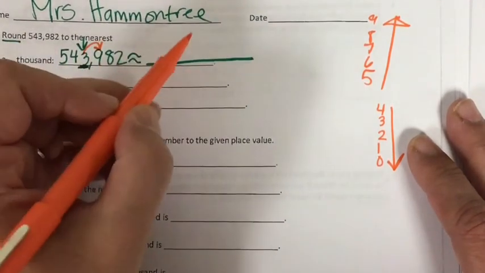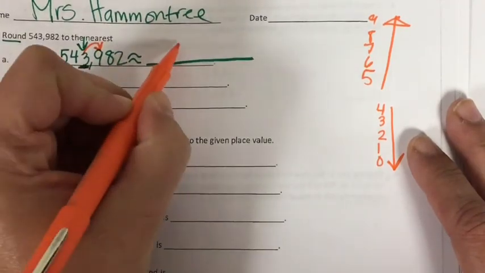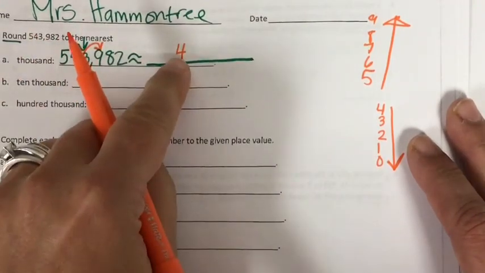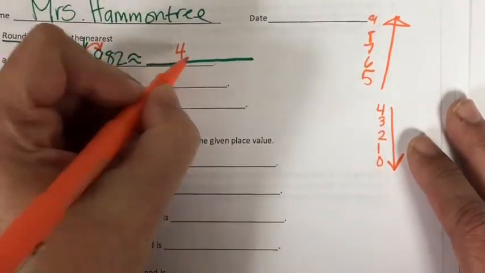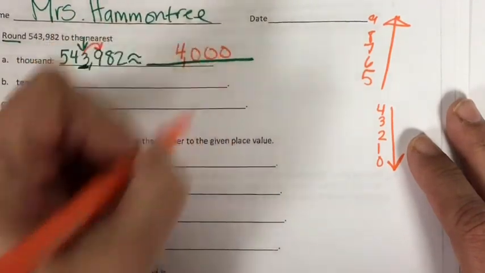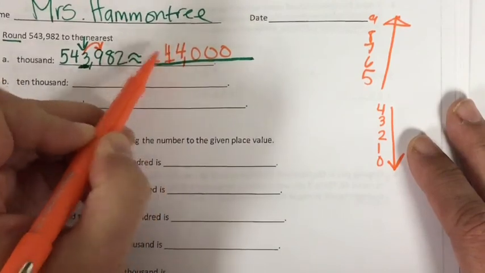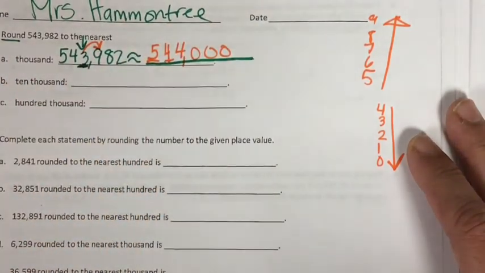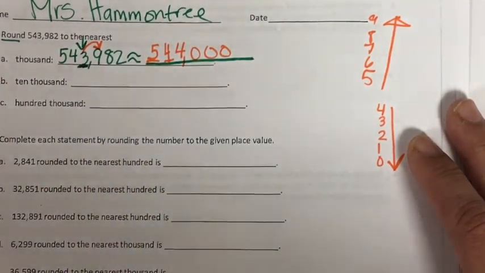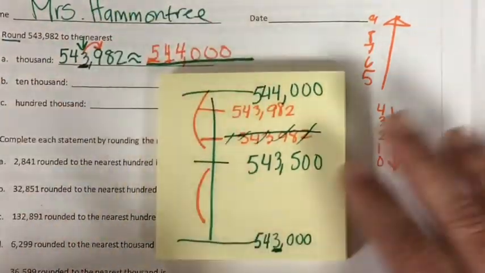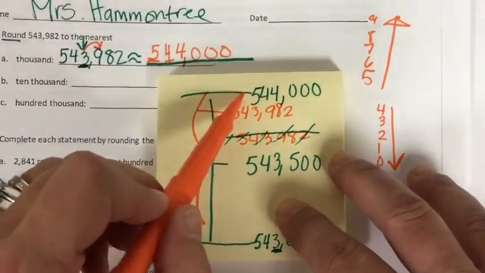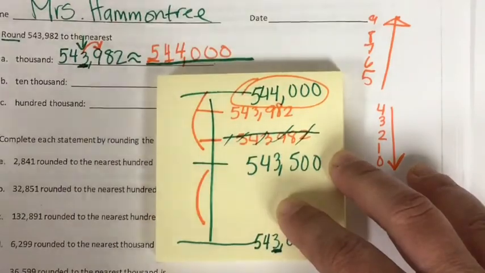So now I know the fate of this 3. I'm going to turn it into a 4. I'm going to round up. These digits will turn into zeros. Can I forget about my 4 right here and my 5 right here? Nope. All right. We go back to this strategy. Well, which one is it closer to? It's definitely closer to this number on the number line.